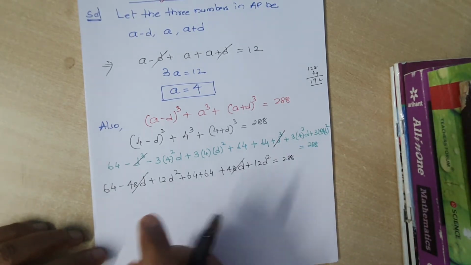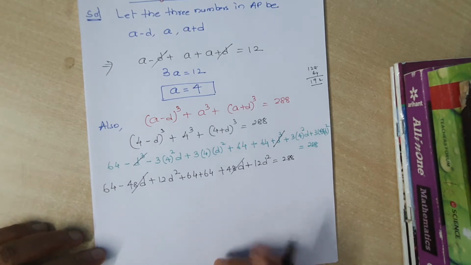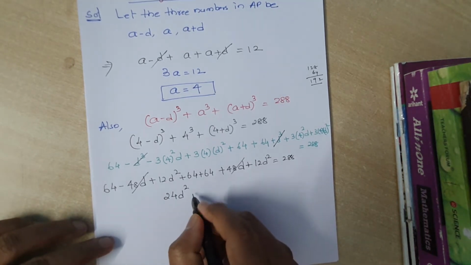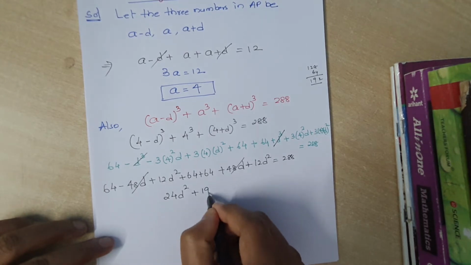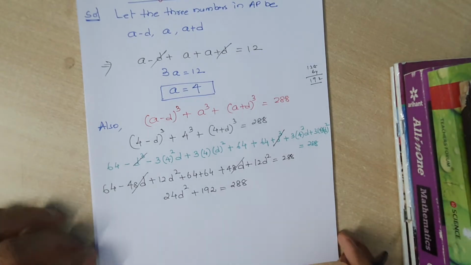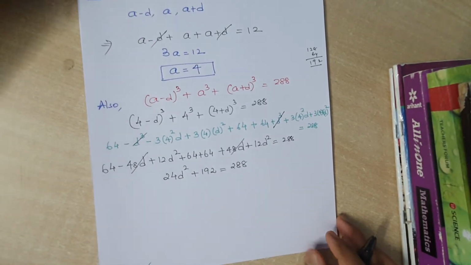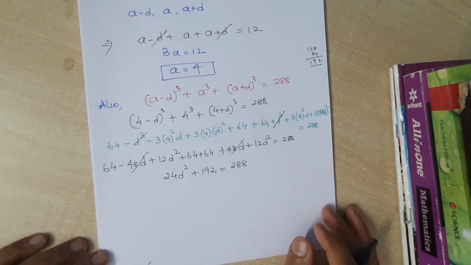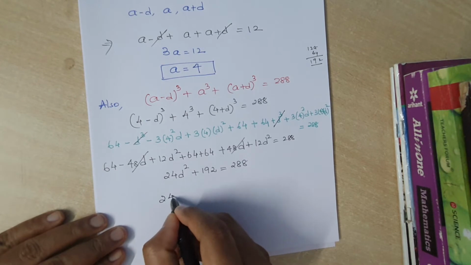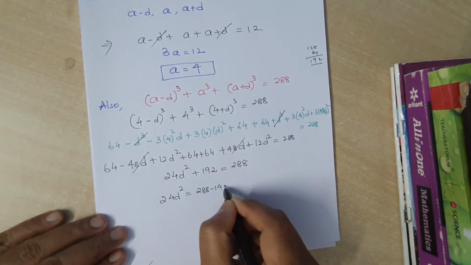So we can write 192 and 12d square plus 12d square, 24d square. 192 we can transpose. When we transpose 192, we get 24d square is equal to 288 minus 192.